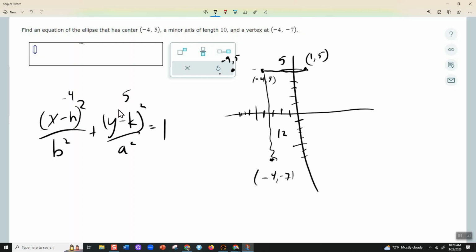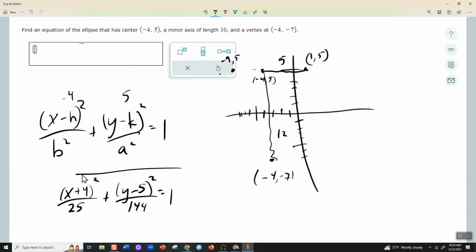And then my a squared is going to be 12 squared, which is 144. My b squared is going to be 5 squared, which is 25. So I'm going to have x plus 4 squared over 25 plus y minus 5 squared over 144 equals 1.